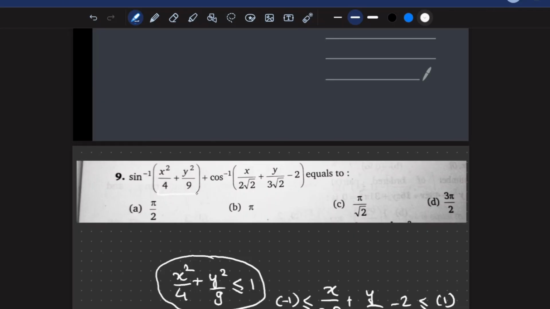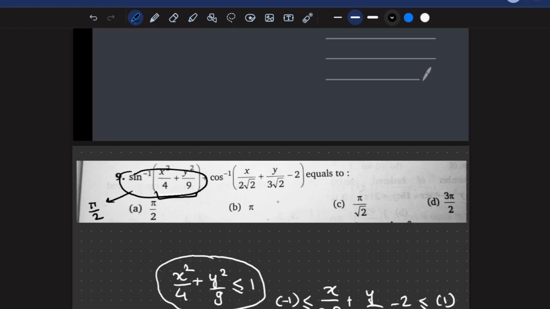This thing will become, as we saw earlier, 1 itself, because the point lies on the ellipse. So this sine inverse term would be pi by 2.